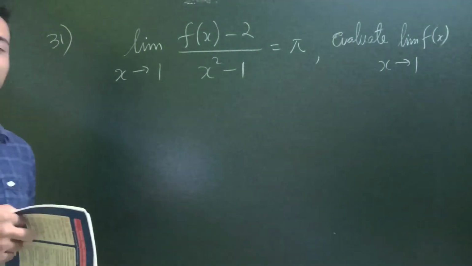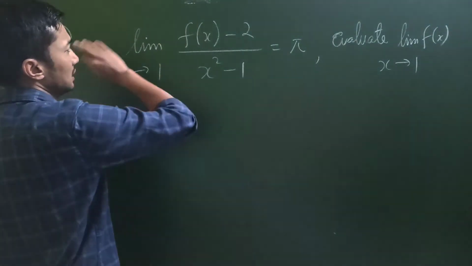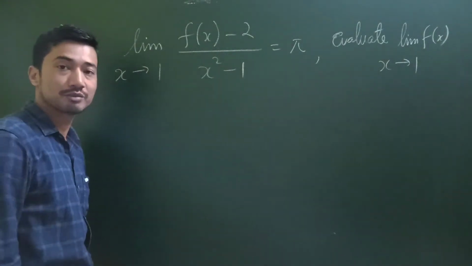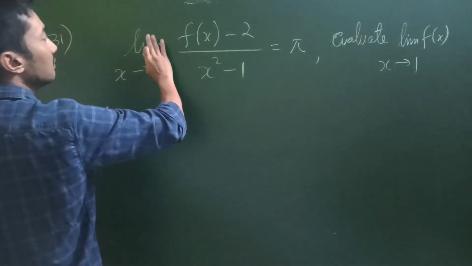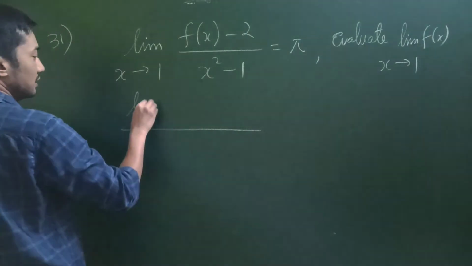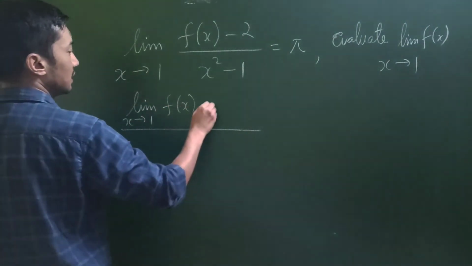Alright, this is also not a difficult question. We also know the quotient rule for limits that I gave you in the fundamental theorems of limits. So the limiting value of this entire function can be simply written as the limit as x tends to 1 of f of x minus 2.